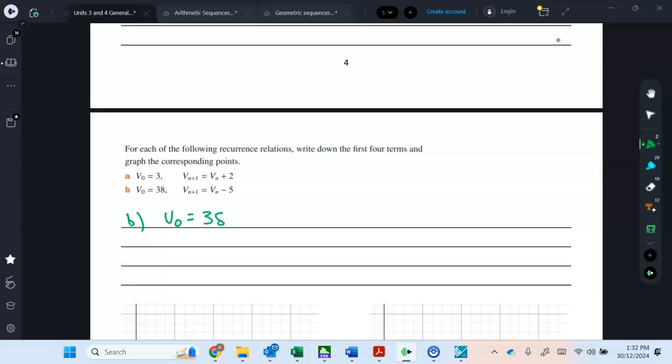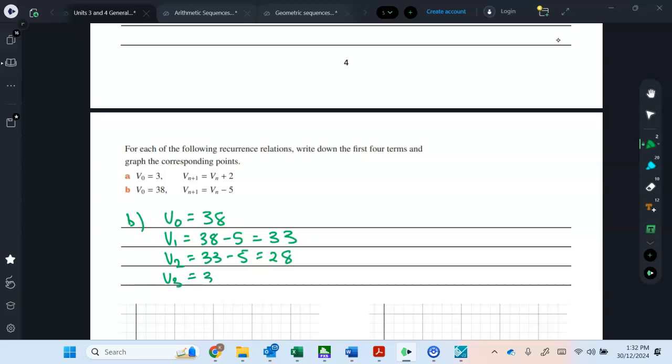You don't have to write the first one because it's already written there, I just prefer to. V1 is equal to, using your recurrence relation, Vn, the previous value, minus 5, and that is equal to 33. V2, your previous value minus 5 is equal to 28.